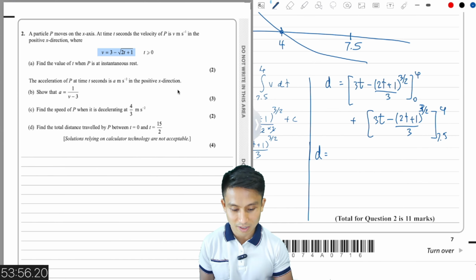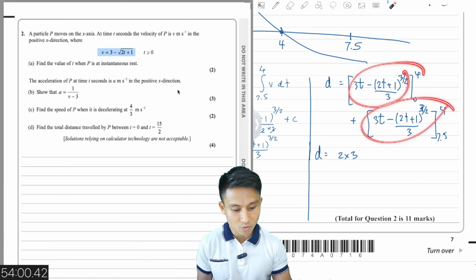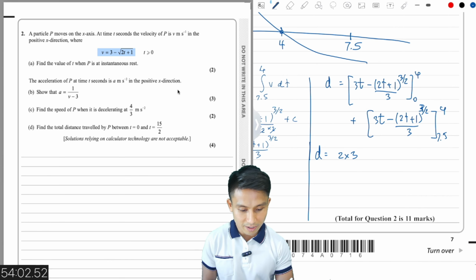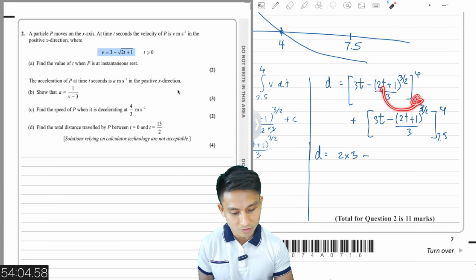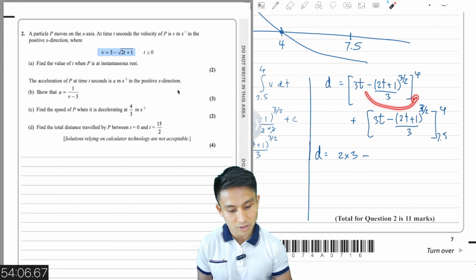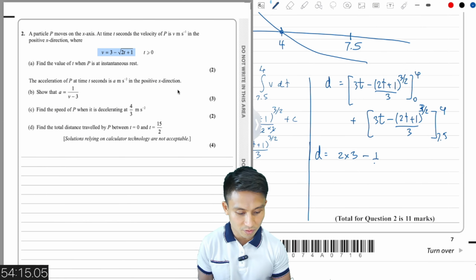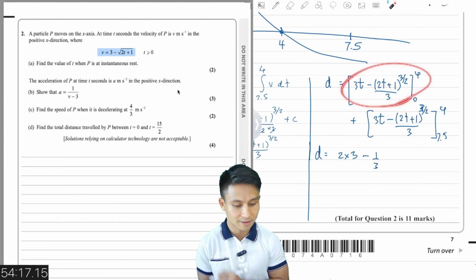So that's 3. So that's 2 times 3 here because we got 2 from the 4s here. And then a minus from the 0 put in here. So 0 put in here gets 0. 0 put in here we get 1 over 1 to the power of 3 over 2. So that's just 1. So that's minus 1 over 3 from the first brackets.